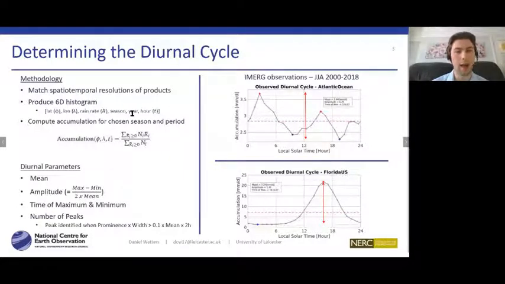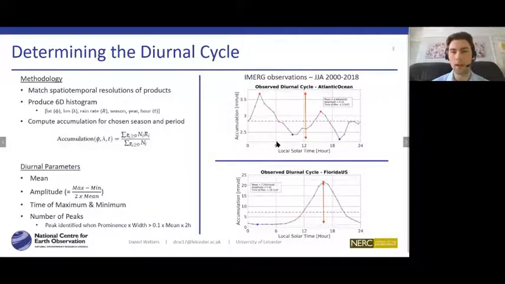And from that, for each location, period and season of interest, we're able to get the amount of precipitation for each hour of the day. If you look on the right-hand side here, I've shown two case studies from the observations for June, July, August, one over the Atlantic Ocean and one over Florida in the US.